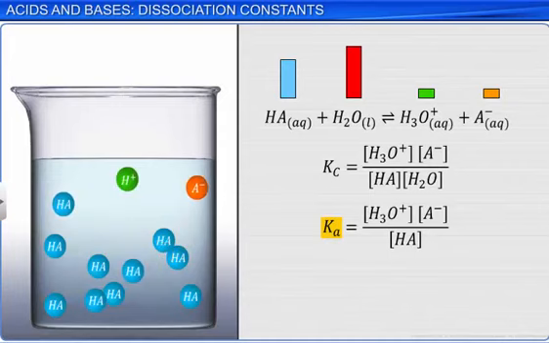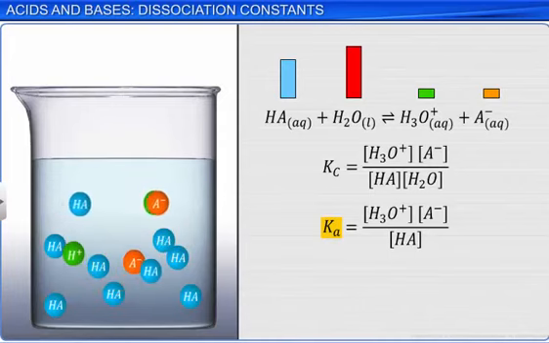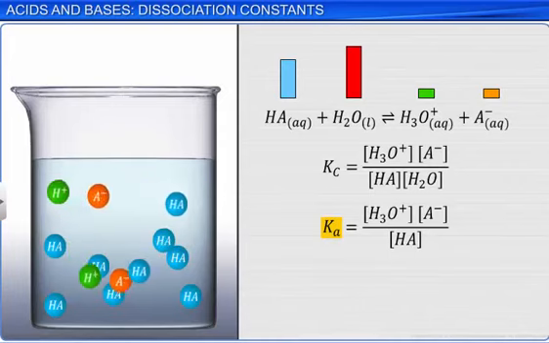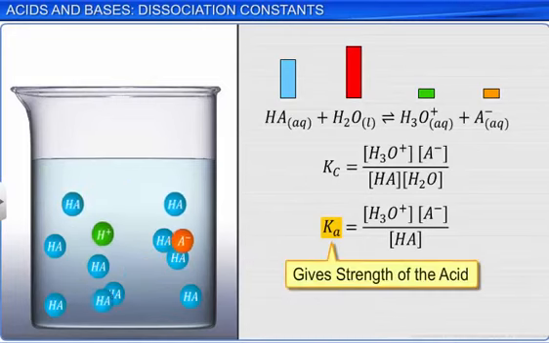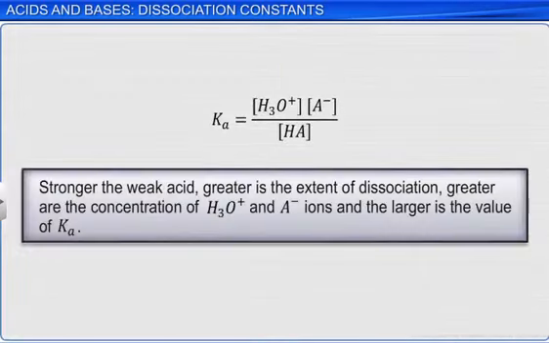In other words, the strength of the acid. The stronger the weak acid, the greater is the extent of dissociation, the greater are the concentrations of H3O+ and A− ions, and the larger is the value of Ka.